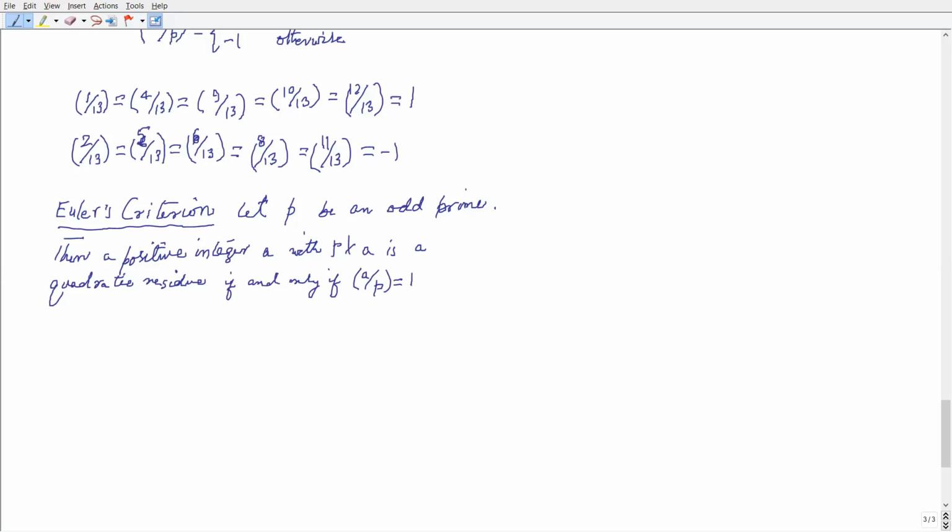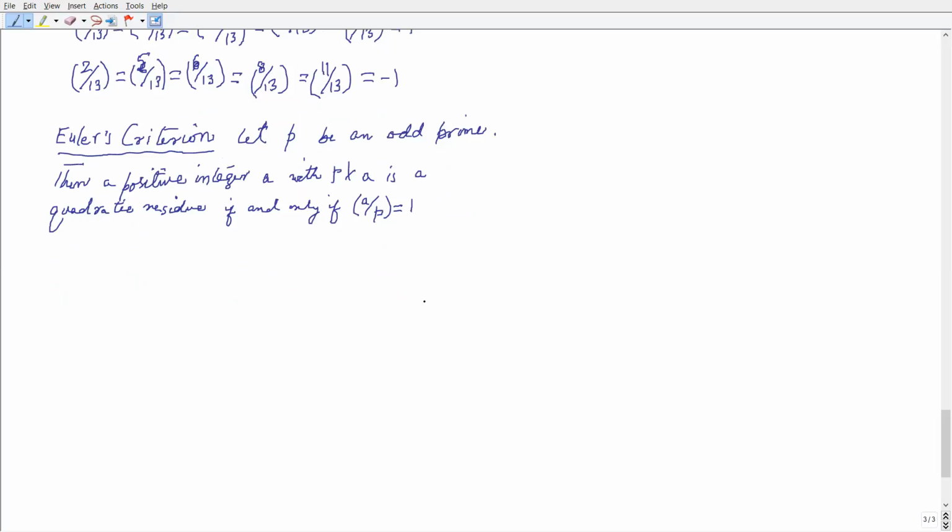Okay, so we can find Legendre symbols for any integer. Then we will be able to find whether the quadratic congruence is solvable or not. Okay, let's do a theorem.